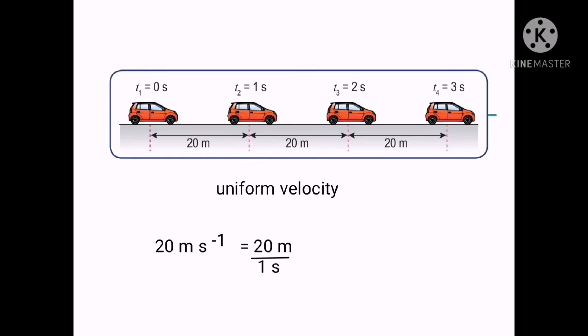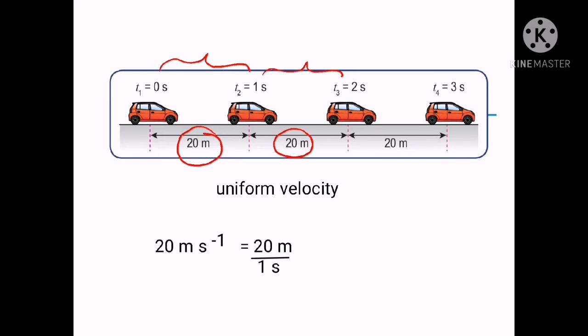Alright, so let's look at what it means by uniform velocity. If you look here, in every 1 second, the car moves by 20 meters. In another 1 second, the car moves another 20 meters.